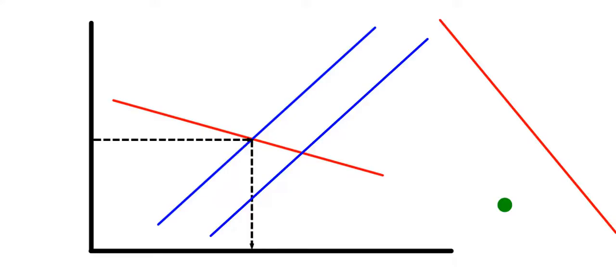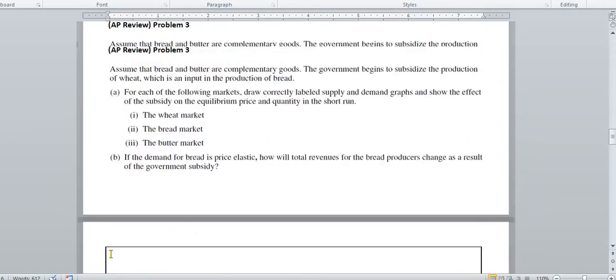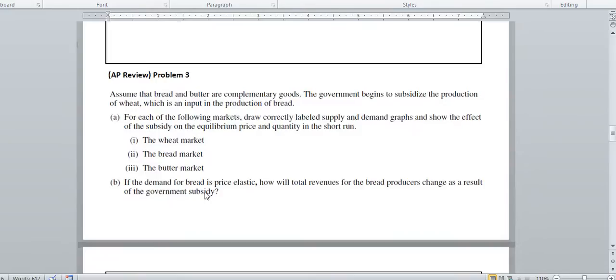Okay, now let me just make sure I said that right. If the demand for bread is elastic, how will total revenues for the bread producers change as a result of the government subsidy?